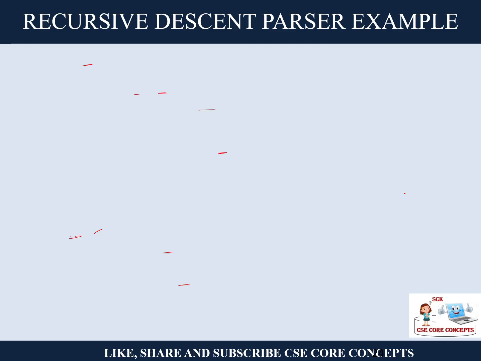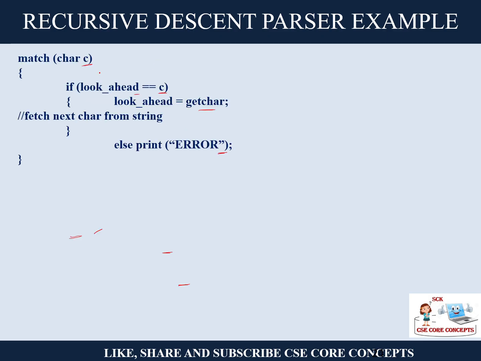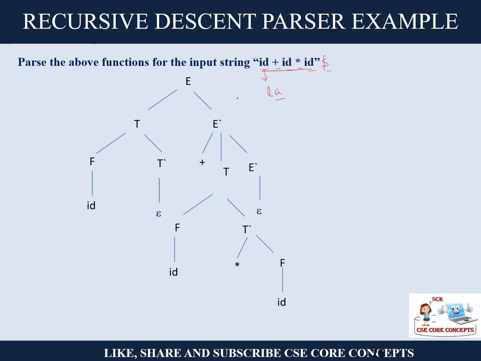Go to the match function. In the match function here the argument is id, and look ahead is id. Yes, they match. So you fetch the next character from the string. So go to the next character, that is plus, right?